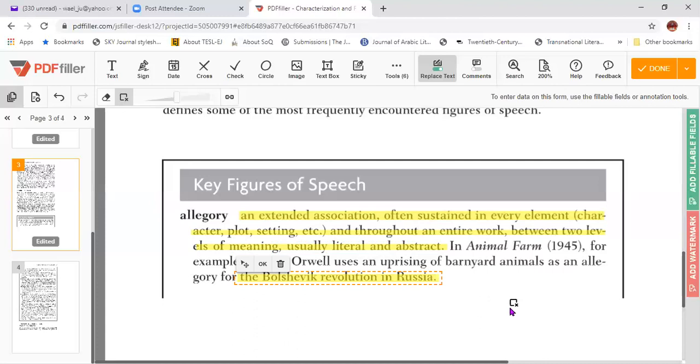And that's why, in the definition, it says it's an association. So animals are associated with human beings and with the Bolshevik revolution, often sustained in every element and throughout an entire work between two levels of meaning. Okay, so we have two levels. The first level is the animals, and the second level is the real people or the Bolshevik revolution in Russia.